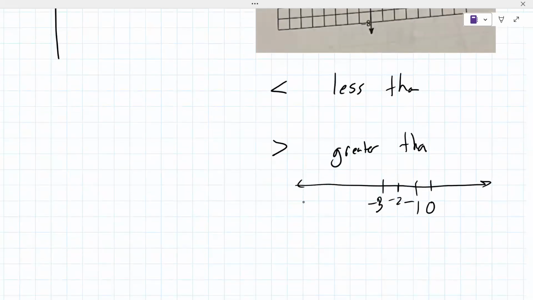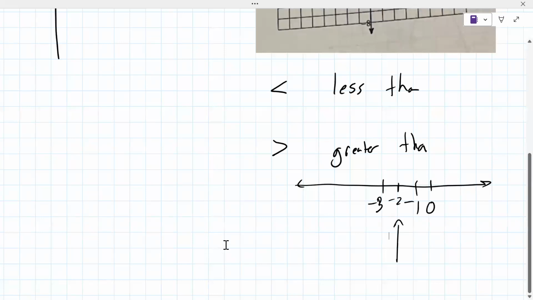Where is 0 compared to -2? Is it to the right or to the left? It's to the right. Okay, so it's greater than if it's to the right. Numbers to the right are greater than, numbers to the left are less than.